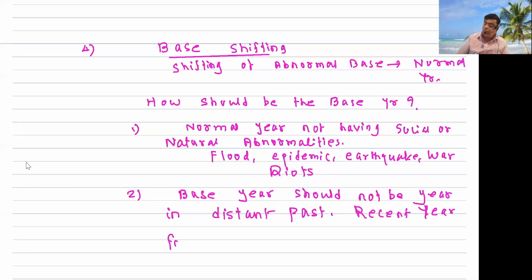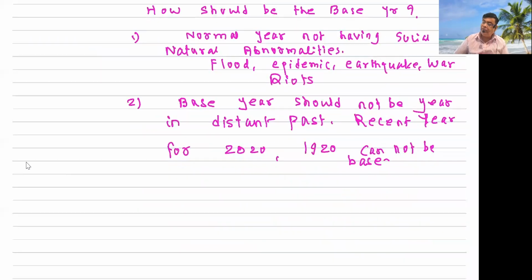That means for 2020, 1920 cannot be the base. You can take 2015 as a base.